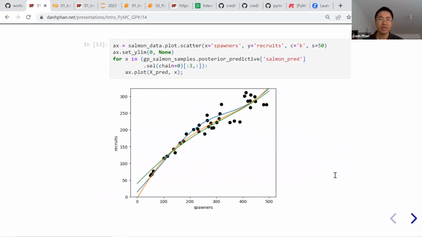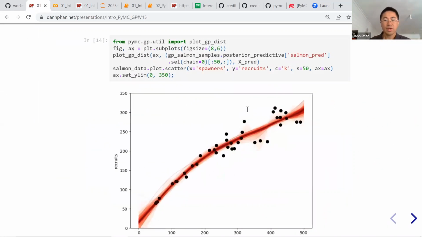And after that, here we get samples in our chain of our predictive posterior of y, and you can see here how it fits with our observation. And there is a plot GP distribution in pymc.gp.util, and we can use that to plot the posterior predictive, and you can see that here is our fitted model for that data set.